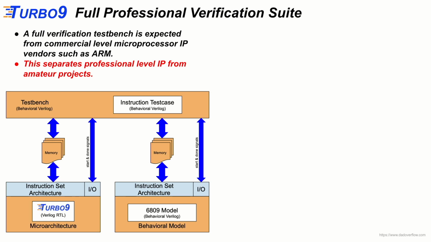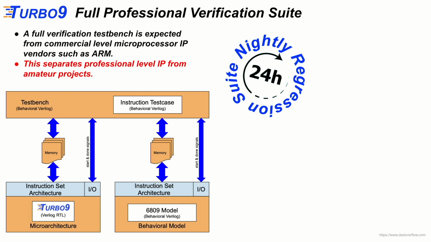Then we signal back to the test bench that we're done, and the test bench compares those memories before and after. So we're able to see the state of the instruction before and after, and we're able to compare, given different directed and randomized tests, that the entire instruction set is working. So, high five.